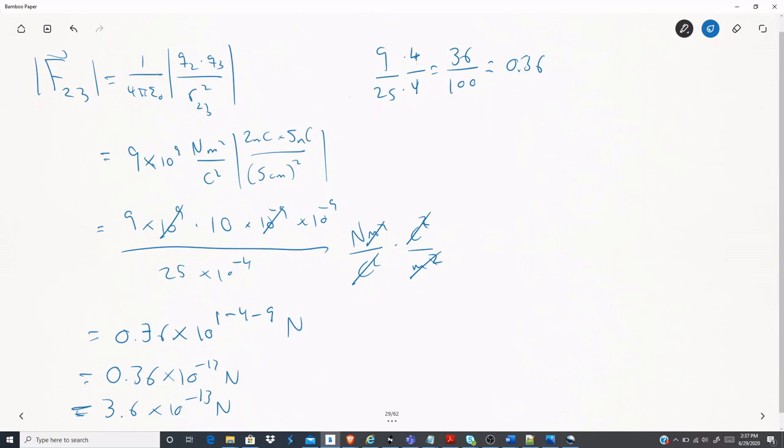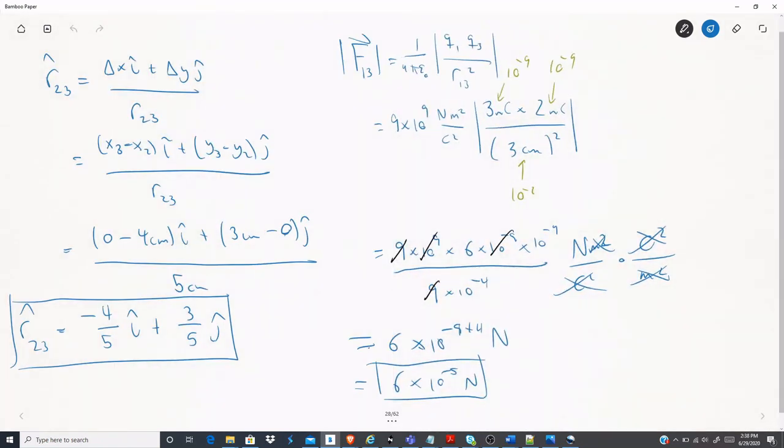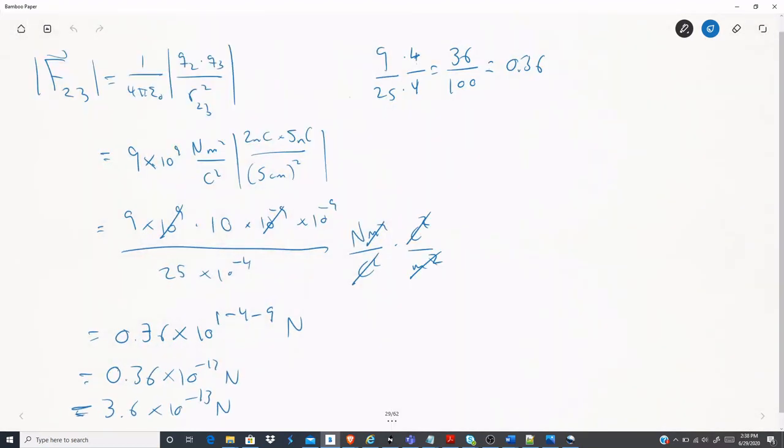Okay, so now we have the force that 2 exerts on 3. And notice this is way smaller than the force that 1 exerted on 3. So if I go back, the force that 1 exerts on 3 is like, ooh, did I make a mistake?